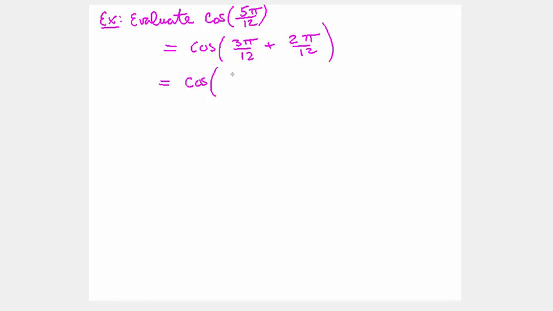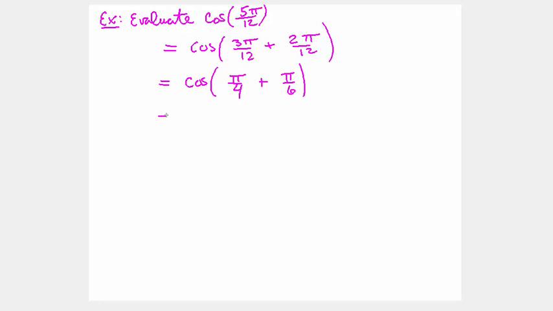So 3 pi over 12 is the same thing as pi over 4, simply because 3/12 is 1/4. And then 2 pi over 12 is the same thing as pi over 6 for the same reason. 2/12 is just 1/6. And so here we go. We have pi over 4 and pi over 6, both of which are nice special fraction values.